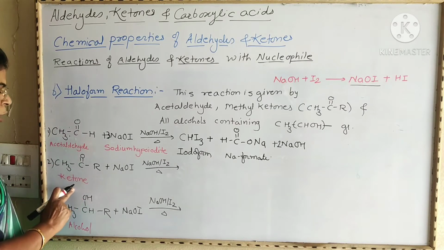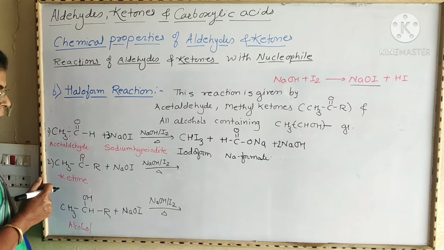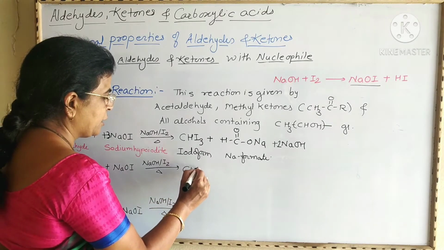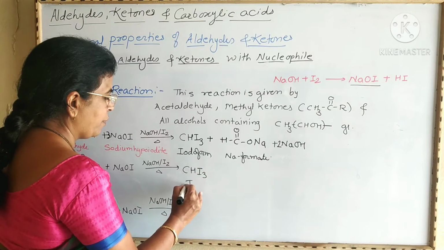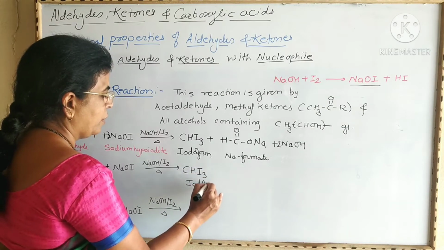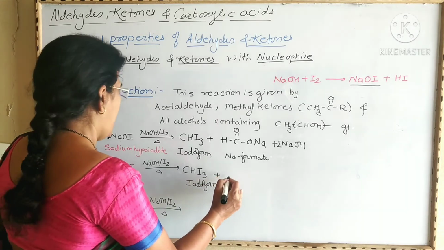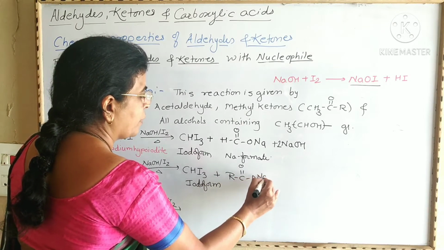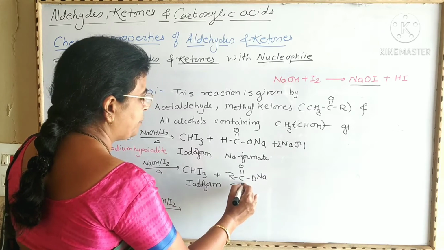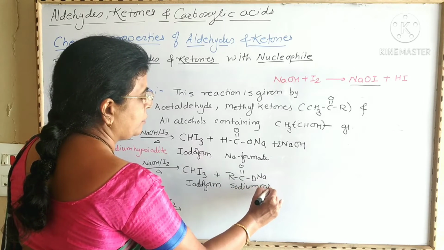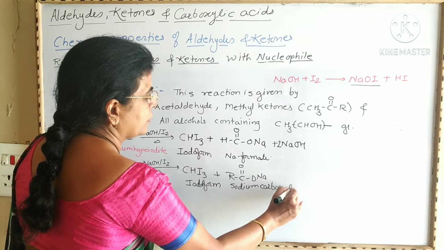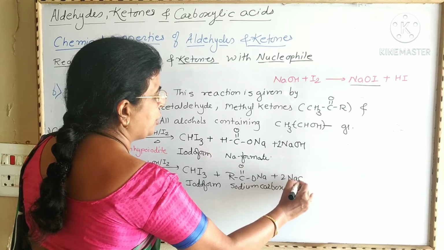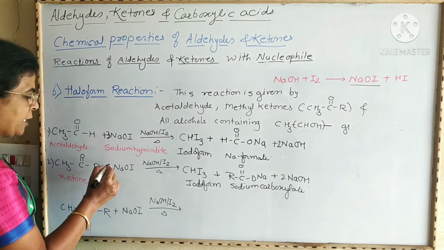When this ketone reacts with this sodium hypoiodide, then formation of CHI3 takes place, that is iodoform, plus RC double bond ONa, that is sodium carboxylate, plus 2 molecules of NaOH. We have to balance this reaction right here.